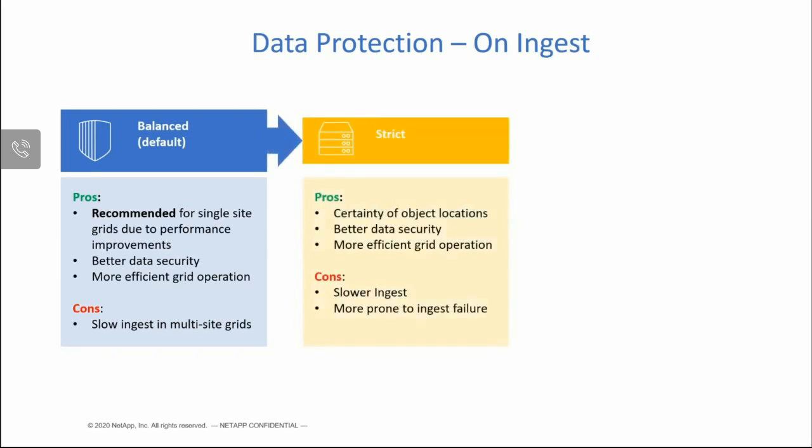The second method that you can employ is strict. So essentially, on ingest, apply the ILM policy, apply the ILM rule. If we cannot apply the ILM rule on ingest, we do not accept the content. So you can look at this two ways. The pro being that you have absolute certainty and data protection in applying your ILM rule on ingest.